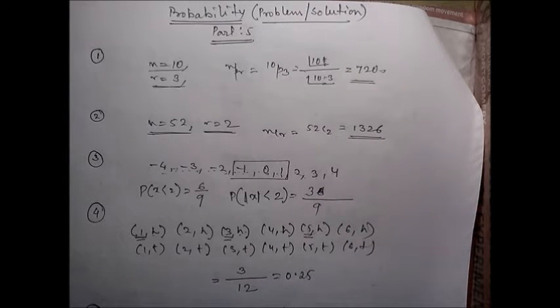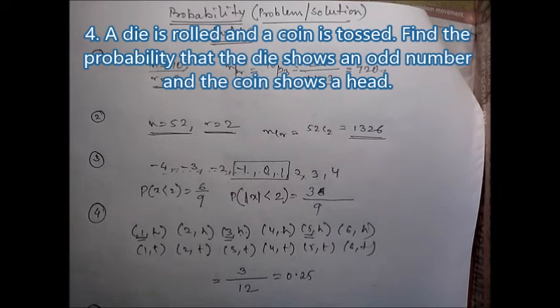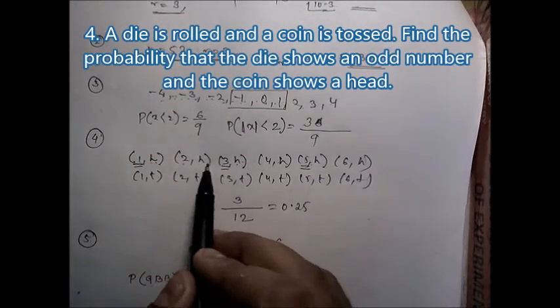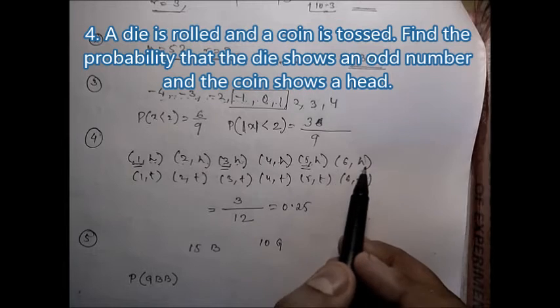Okay. Next. A die is rolled and a coin is tossed. Find the probability that the die shows an odd number and the coin shows a head. So the sample space is 1 head, 2 head, 3 head, 4 head, 5 head, 6 head.